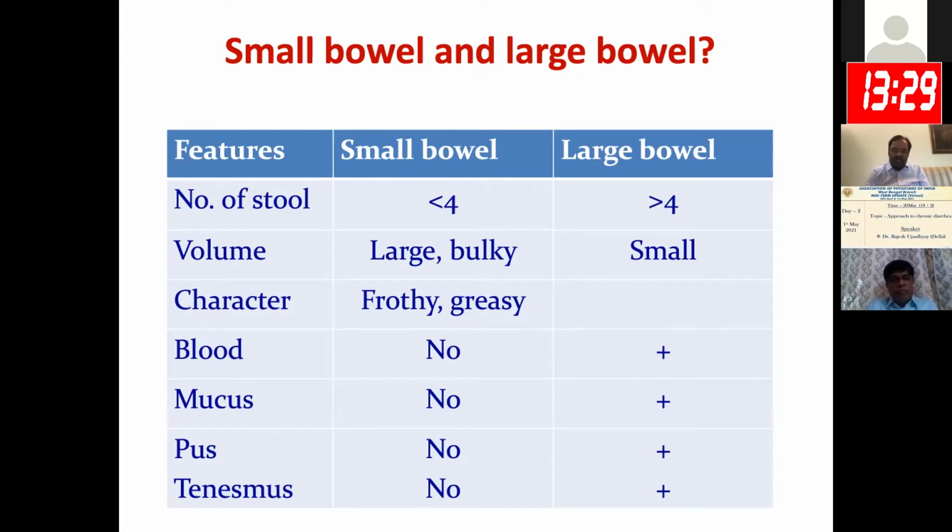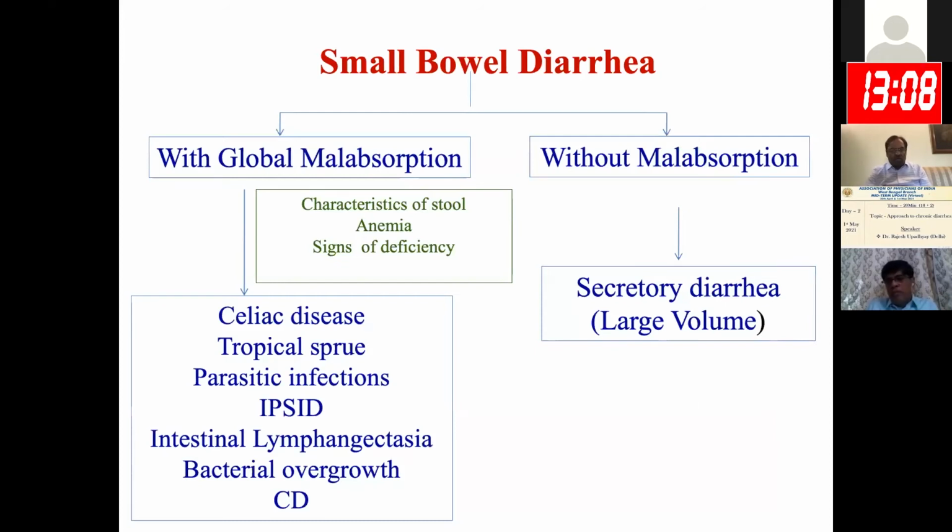And if there is malabsorption, it can be in small bowel type, frothy or greasy type, without any blood, mucus, pus, and no tenesmus, whereas large bowel diarrhea is usually associated with blood, mucus, pus, and tenesmus associated with the diarrhea.